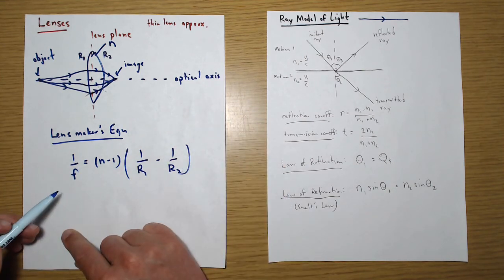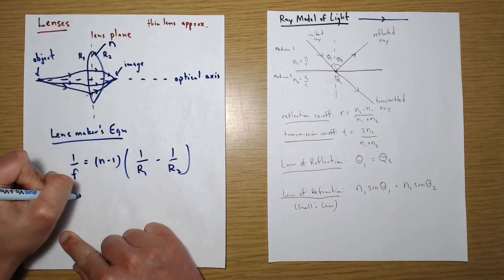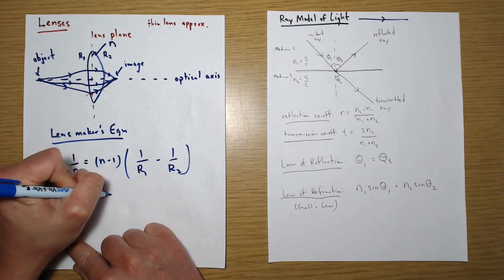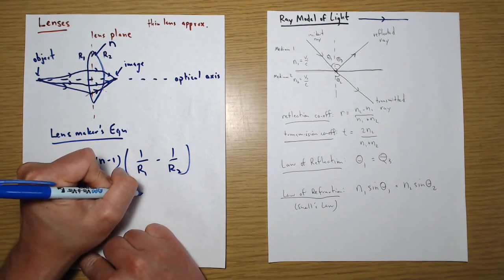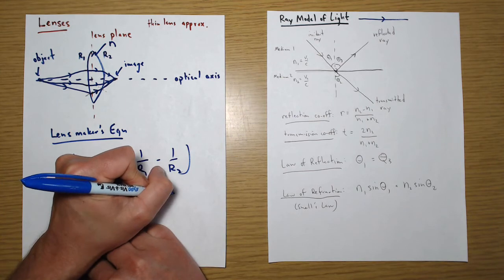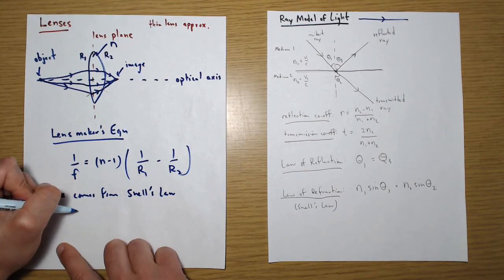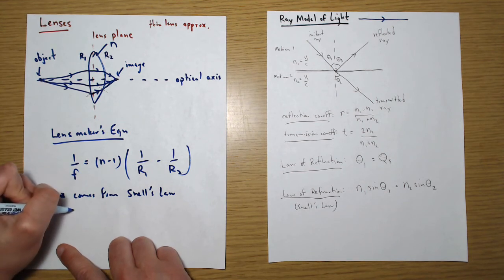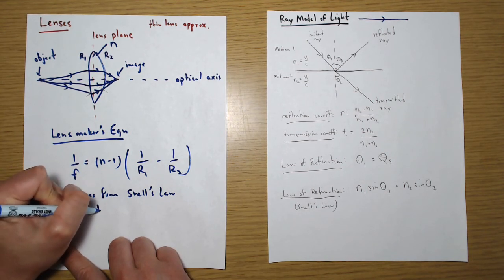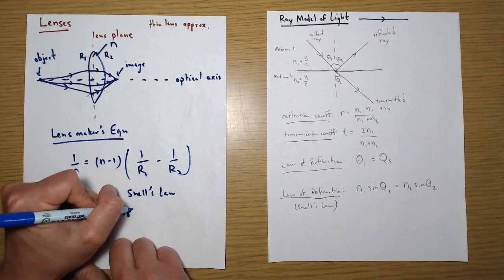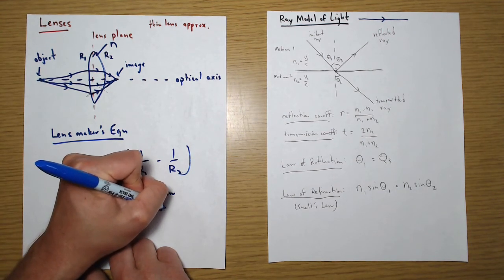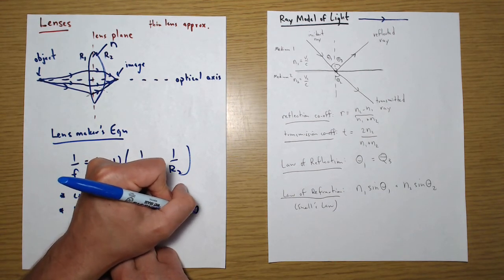Okay, so this result comes from Snell's law. It only works for, we could call this the thin lens approximation, which is really a small angle approximation.